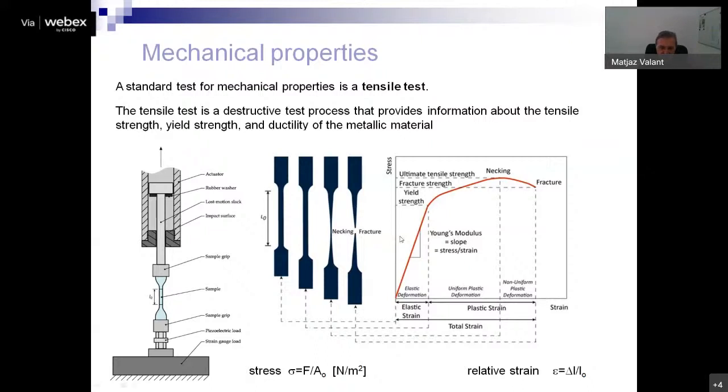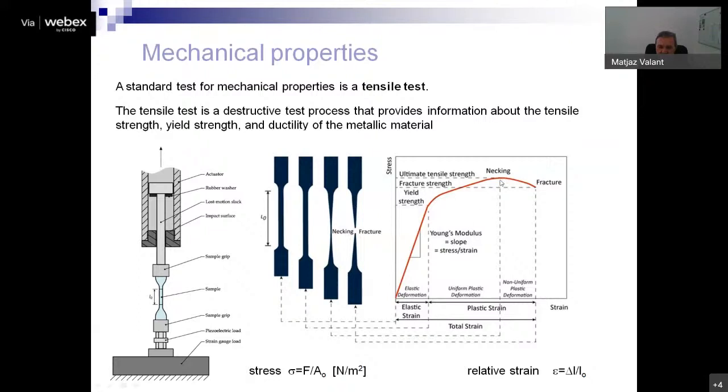We will define this later in more detail. So, as I said, here then we start with the plastic deformation. If we now remove the stress, the sample will not go back to its original shape, but it will be permanently deformed.